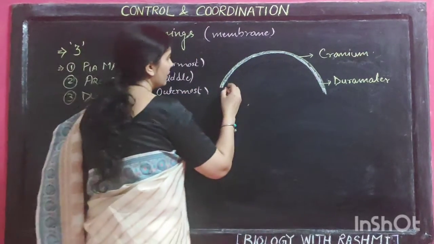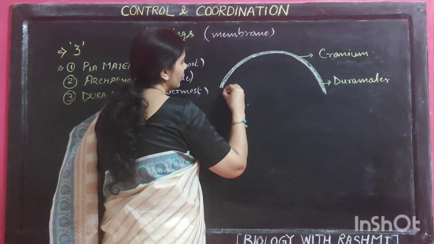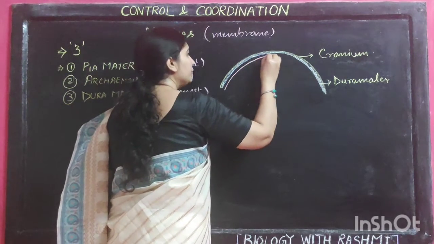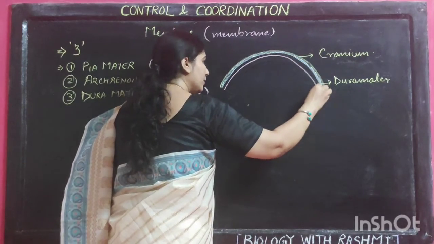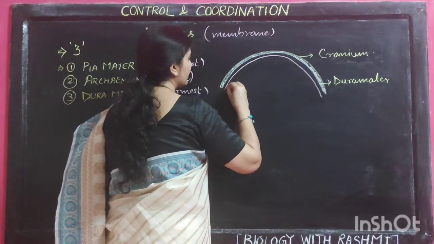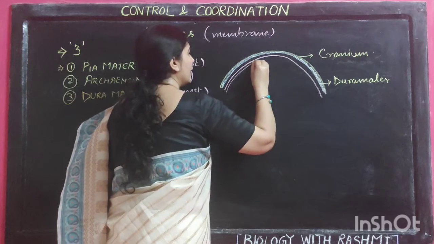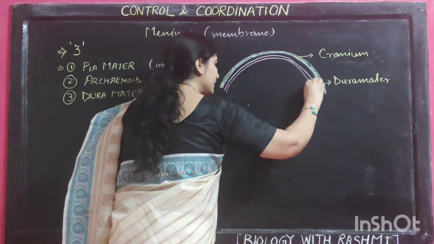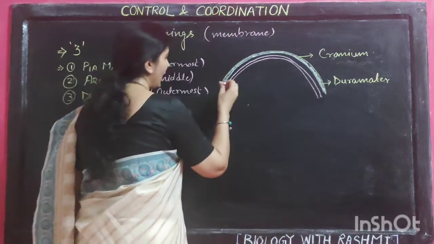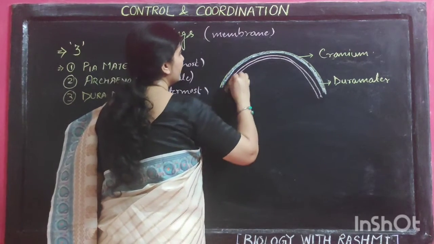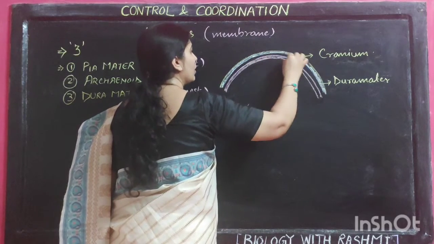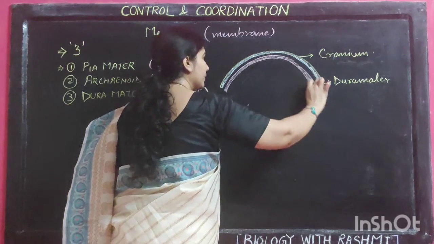After that, there's a gap. And after that particular gap, here you can see one more layer is present. I have used pink color to define this layer, and this layer is known as arachnoid, or the middle layer.